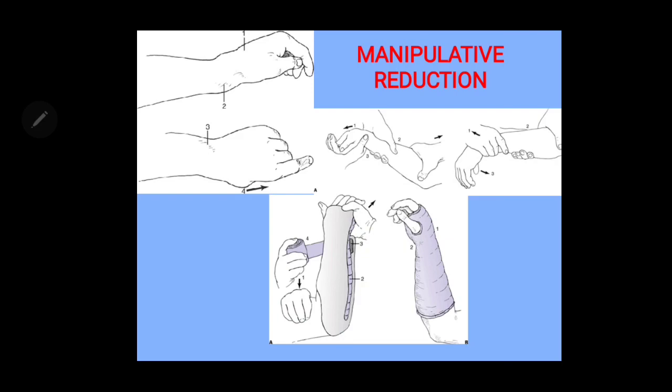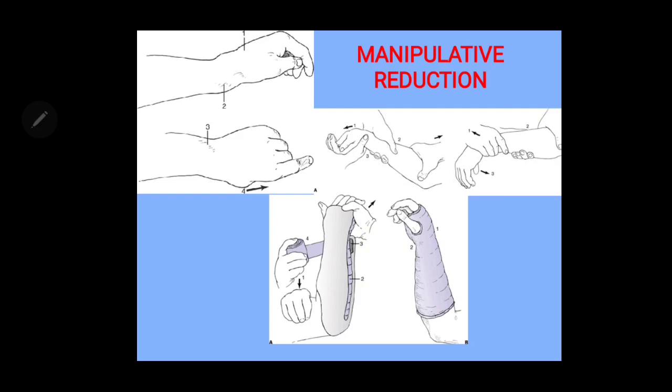You do this traction for some period of time, a few minutes, to relax the muscles and to correct the shortening of the fracture. Then you should correct the main types of displacement, as this fracture usually goes with dorsal displacement, and you should correct this. You should correct also rotational displacement.